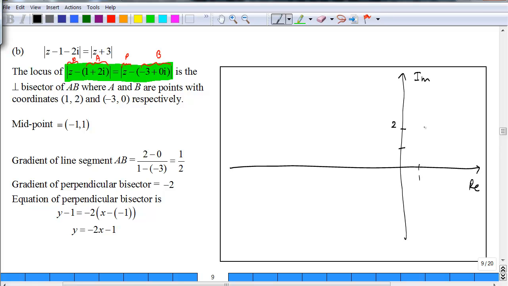So this is A, 1, 2. Point B is negative 3, 0. Right. So marking those points, you can join the 2 points to form the line segment.